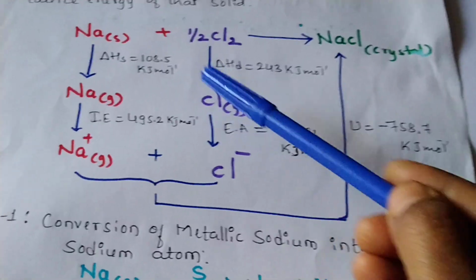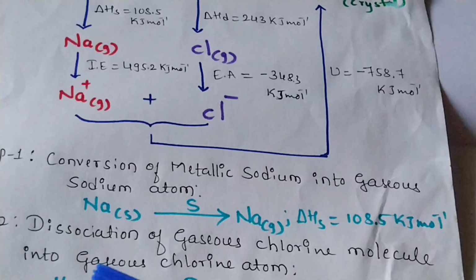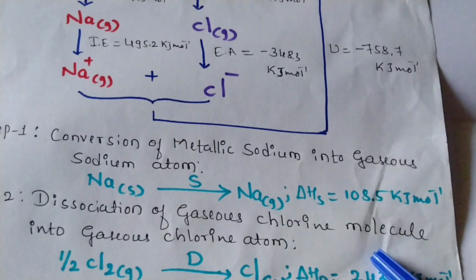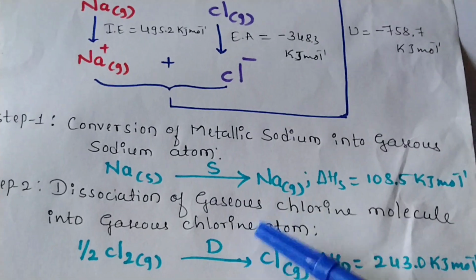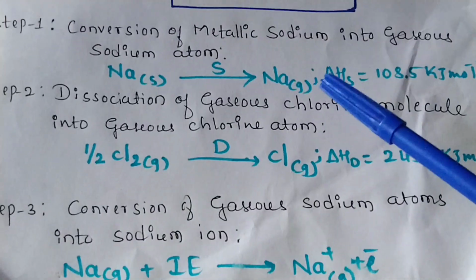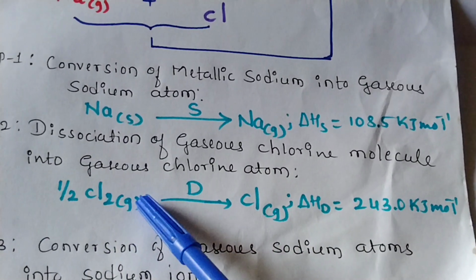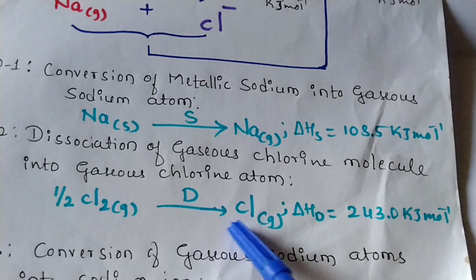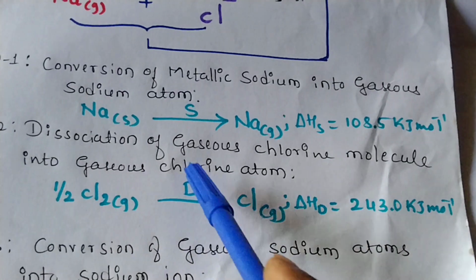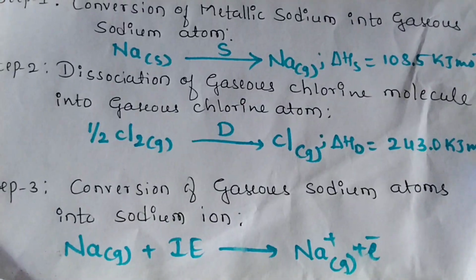You can define it as the amount of energy required to convert a gaseous chlorine molecule into gaseous chlorine atoms. It is denoted by D, that is 243 kilojoule per mole.